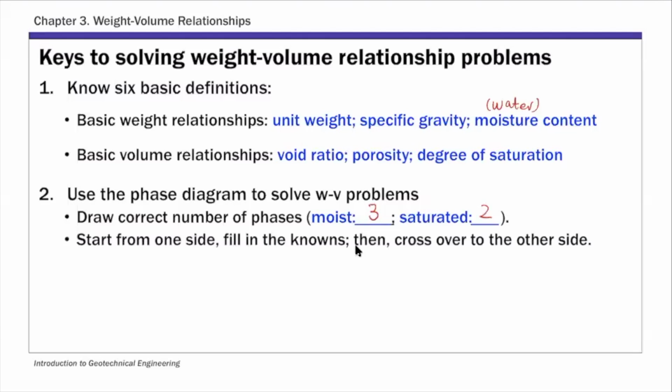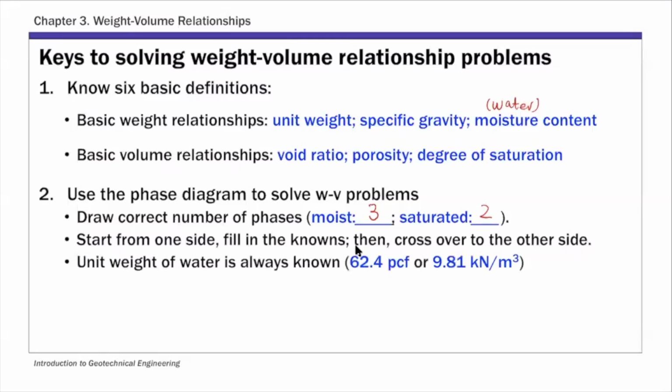And you start from one side of the phase diagram, filling in the known, and then cross over to the other side and try to fill out that phase diagram. And unit weight of water is constant, so this is always known. So I don't have to present that to you. For any given problem, even if it's not stated in the problem statement, you should know the unit weight of water.